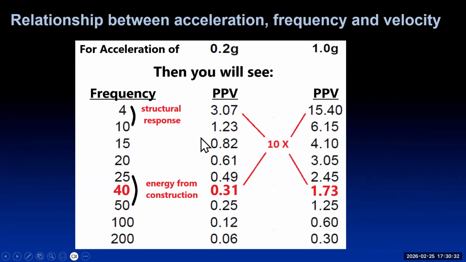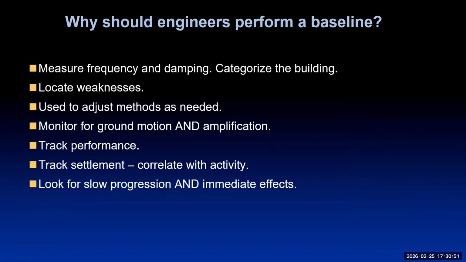So we have been on those projects and seen these structures move aggressively back and forth. People sometimes run out of the buildings. And the guy says, oh, listen, we only had 0.31 inches per second. That's because they're just not measuring it in the right place. So there is a big risk there to society that's relevant to all of this.